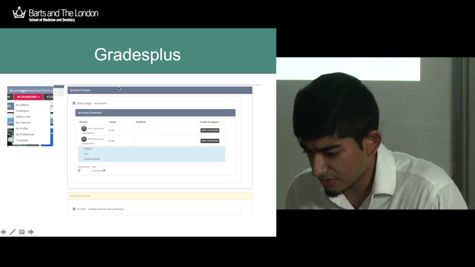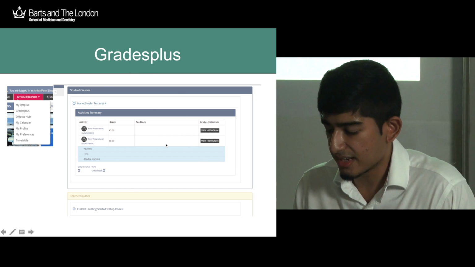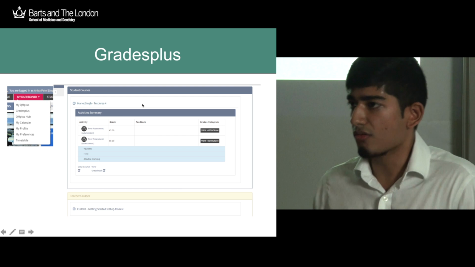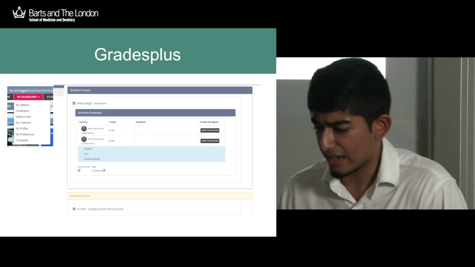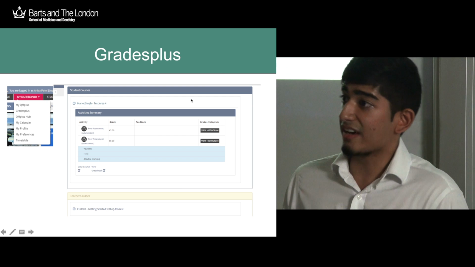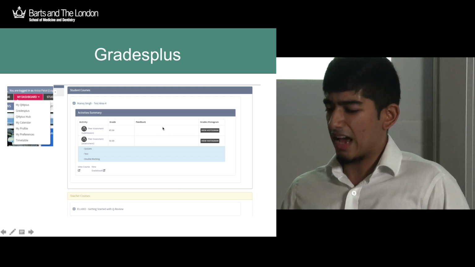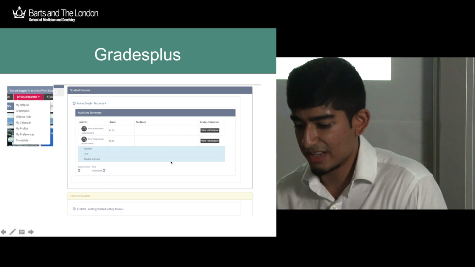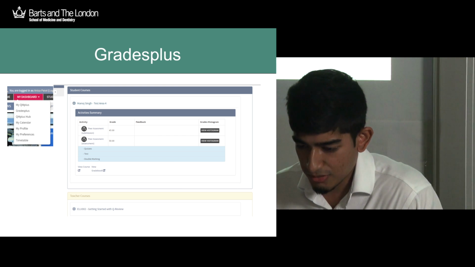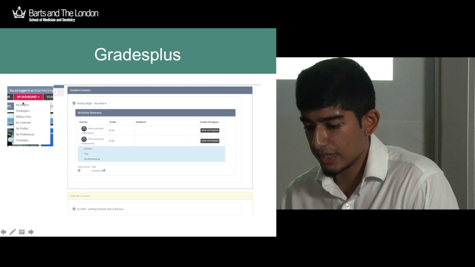If you go into that, you will see this little page pop up, and what this does is it's a collective view of all your assignments and the feedback that your tutors have put per assignment. So you can have a look at it collectively to see how you're doing. That's a nice new little feature we've implemented. You'll also notice while I'm on this page, you've got QMplus on the top.